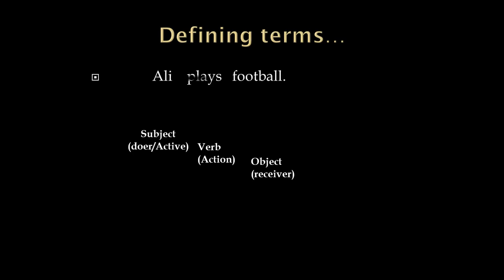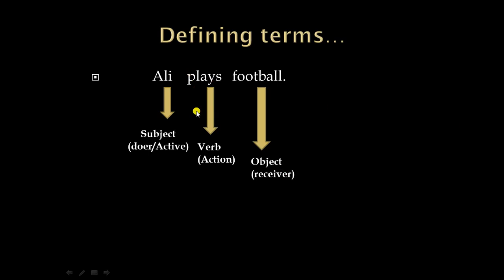If you look at this sentence, Ali plays football, let's analyze it. Ali is the subject in this sentence. Plays is the verb or action. Football is the object of the sentence. You see that here Ali is the subject and is the doer in the sentence, meaning it is actively performing the action of playing.